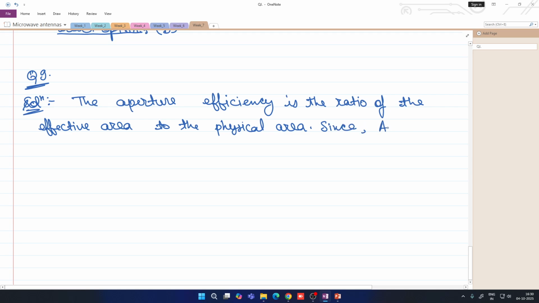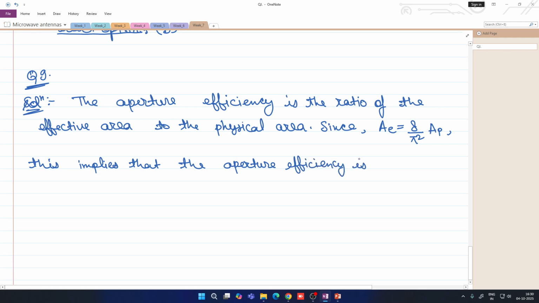Since the effective area for the microstrip antenna is given by 8 by pi square into AP, this implies that the aperture efficiency is 8 by pi square, because I can take AP to the left hand side.